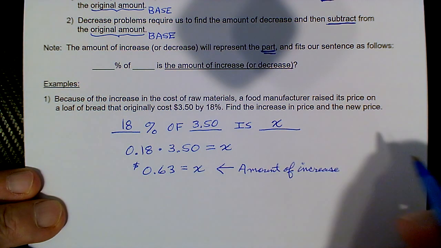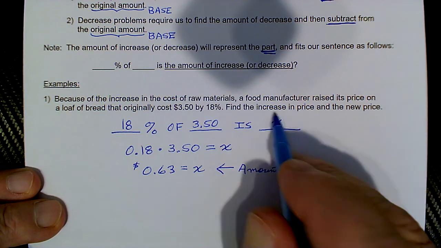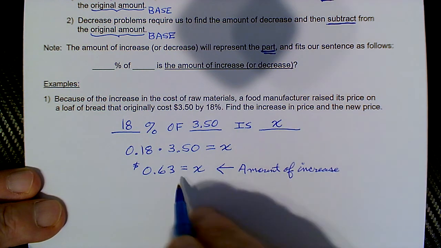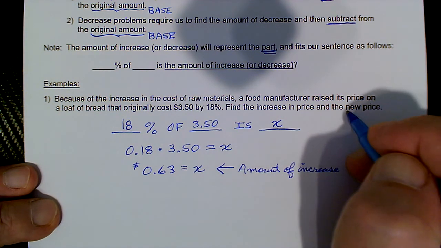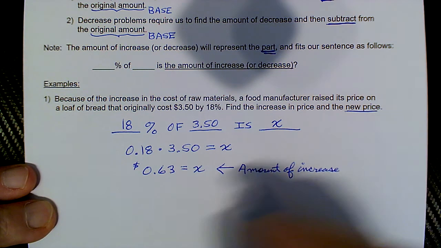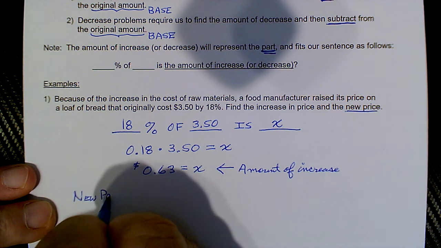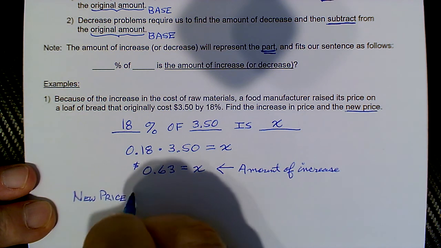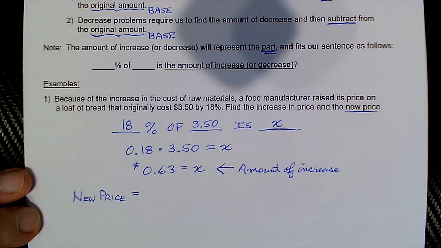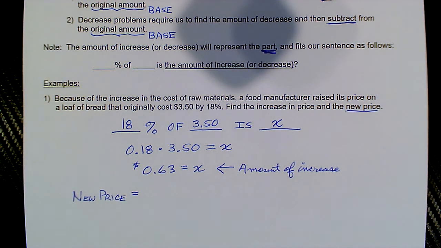And they asked for two parts here. The increase in price, which we just found, but then also the new price. And so the new price, because it's an increase problem, again, just think intuitively, you don't need a formula for this.